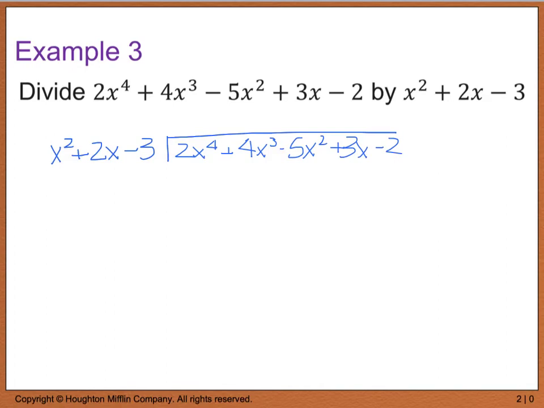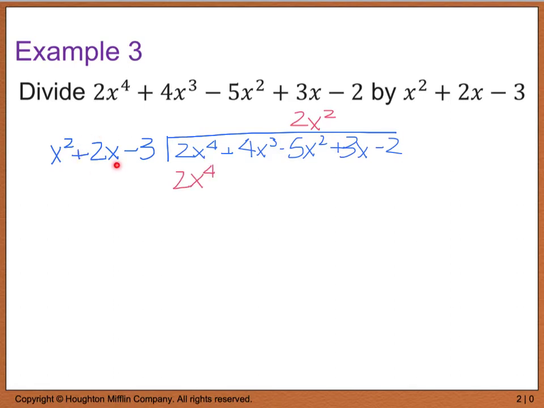So, same process. We're going to see how many times x squared goes into 2x to the fourth. And we're going to have to multiply x squared by 2x squared. So x squared times 2x squared will give me 2x to the fourth.